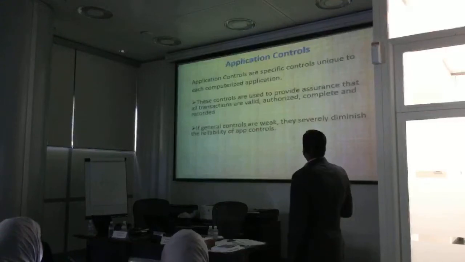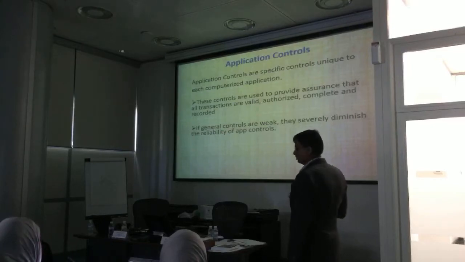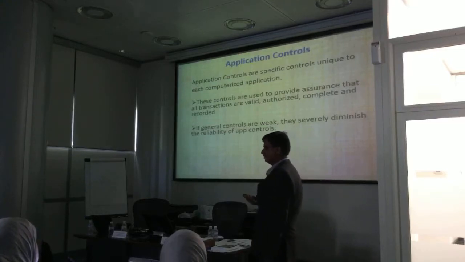If general controls are weak, they severely limit the reliability of application controls. Because if there is improper, inefficient access control, incorrect data is entered, so we know garbage in, garbage out. Whatever good the programming is there, it will be ineffective.